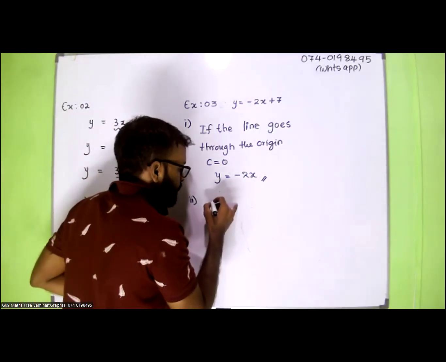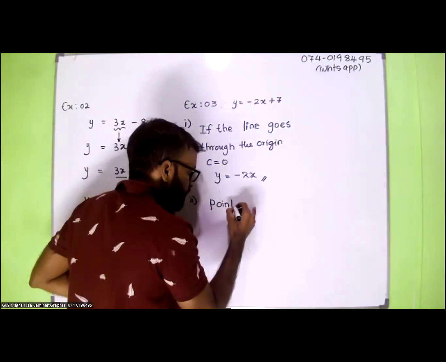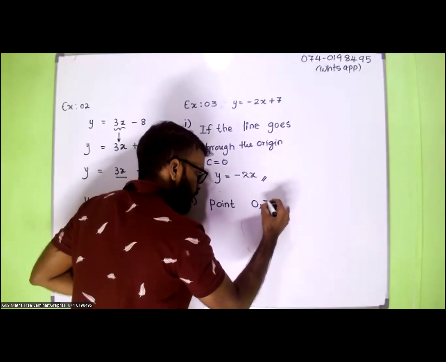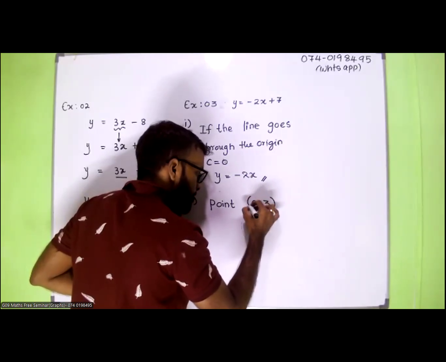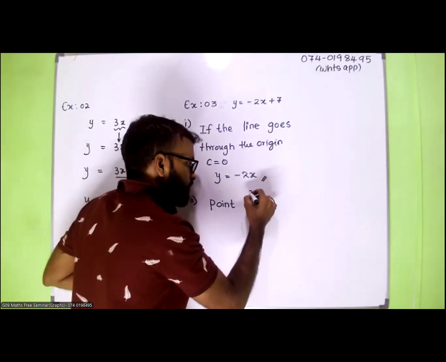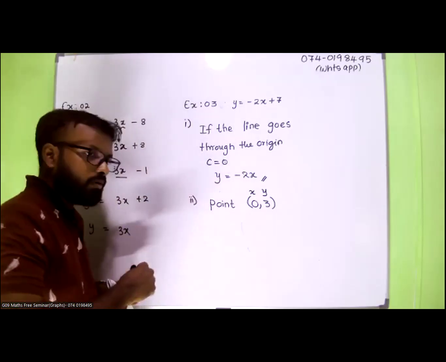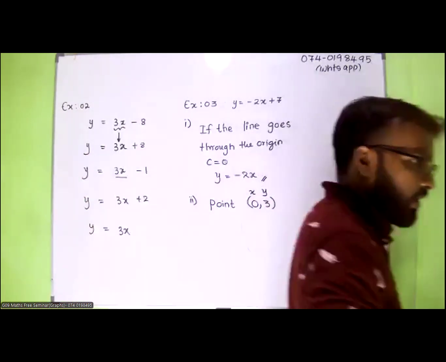What is that? The point is given, 0, 3. So this is your x coordinate and this is your y coordinate. Now understand this one.